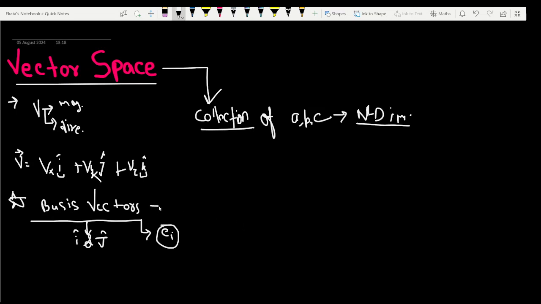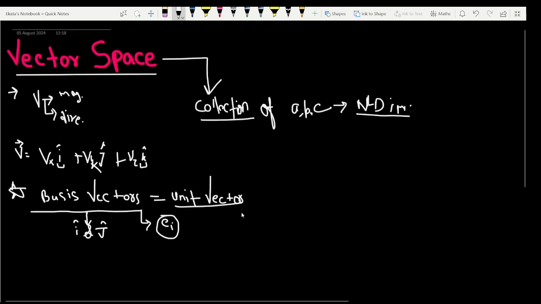Basis vectors are equal to unit vectors. Just like in vector spaces, a basis vector denotes in which direction a particular vector exists.